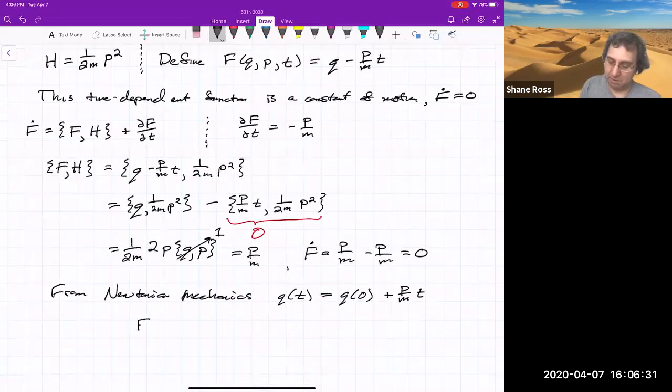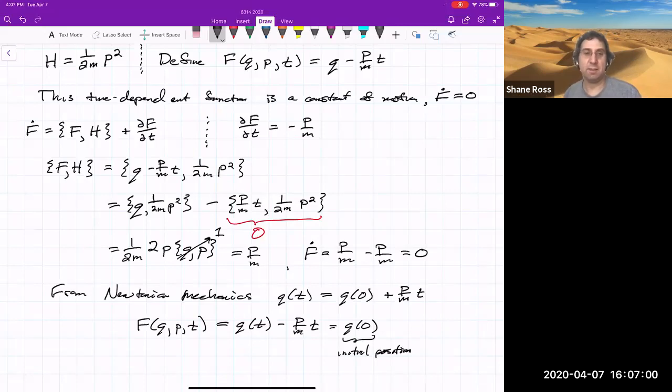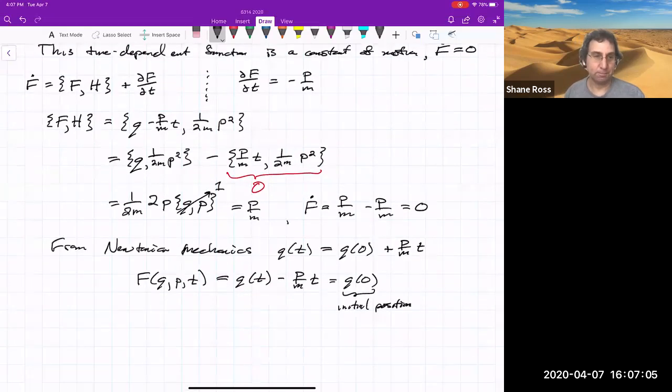So F(Q, P, t) equals Q at the current time minus P over M times time. And so this just equals Q0, which is the initial position, which you could think of as not a variable but a parameter. It's something that's constant. So obviously F equaling a constant isn't going to change in time.